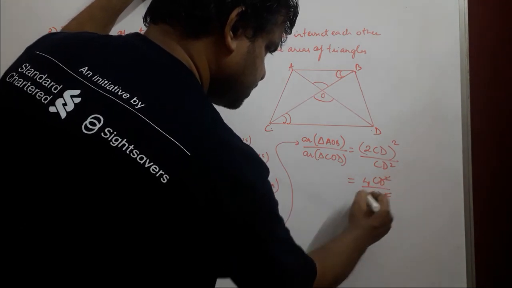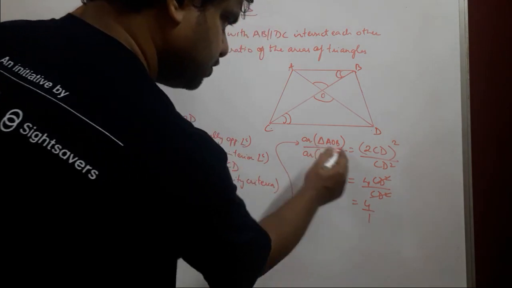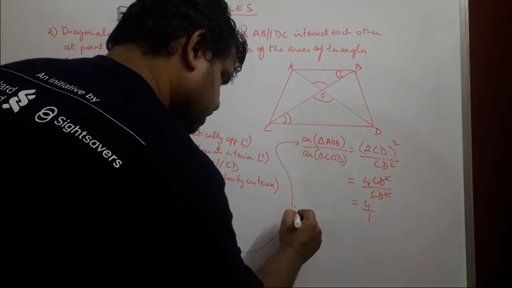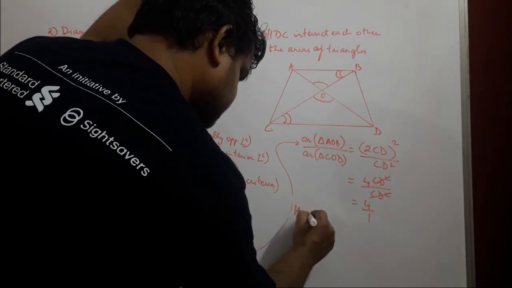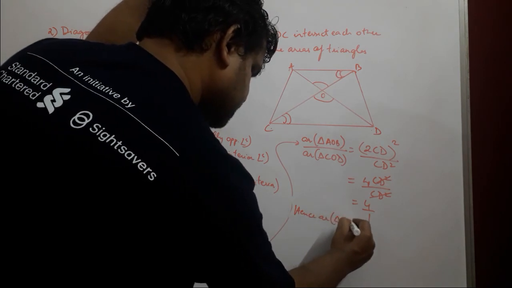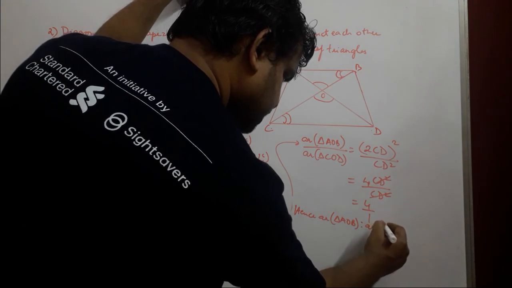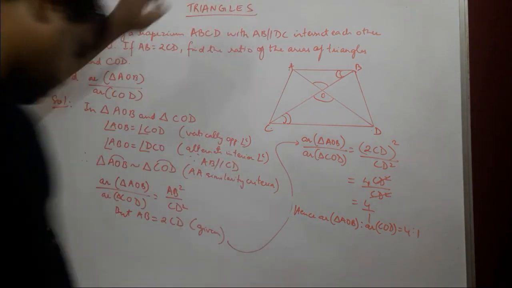CD square cancels, we are left with 4 upon 1, and that is the ratio of area of triangle AOB upon area of triangle COD. So you can say, hence area of triangle AOB is to area of triangle COD equal to 4:1.